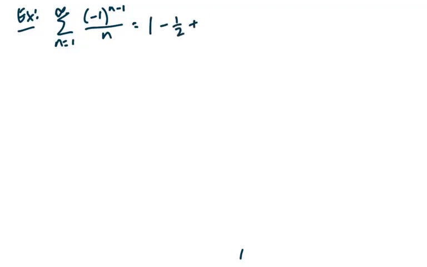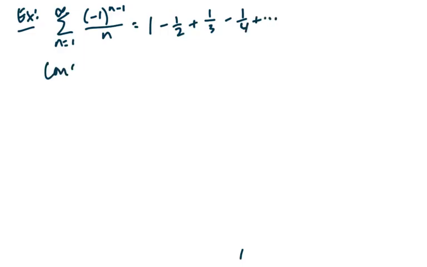The example says the sum from n equals 1 to infinity. We're going to do the alternating series, so it's negative 1 to the n minus 1 over n. So let's look at the terms. We have 1 minus 1/2 plus 1 over 3 minus 1 over 4, and so forth.